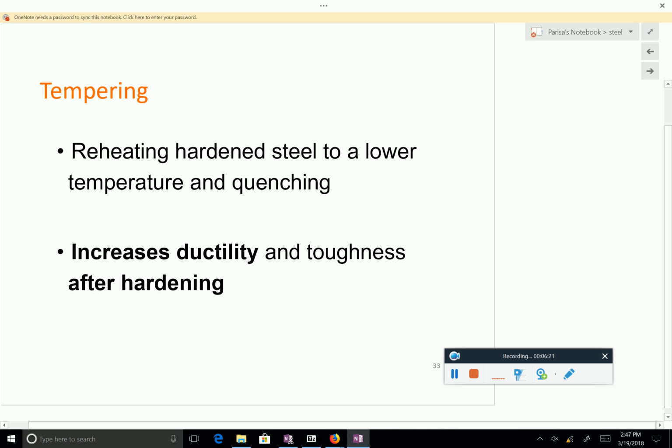It is reheating the hardened steel at a lower temperature and increases the ductility. So you increase the strength, then you also try to increase the ductility a little bit so the material is not too brittle at the end. This is how it works.